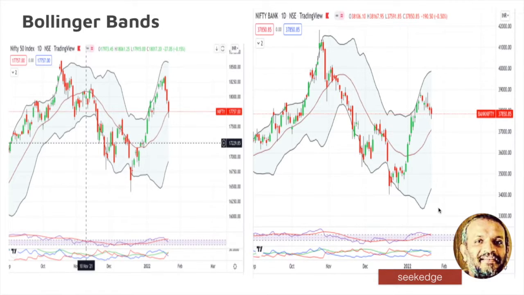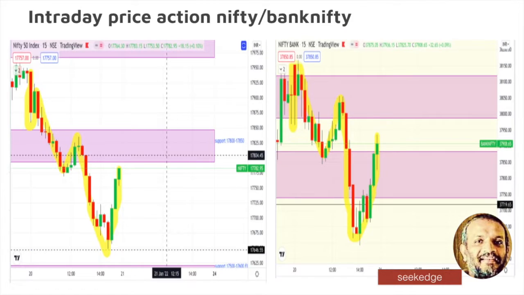There's no skew that has happened. There's no contraction of the volatility. Nothing much has happened. It's just that it looks like, as of today, and tomorrow it may be different, it's a slight pullback from an up move. That's all that it looks like from the bands.